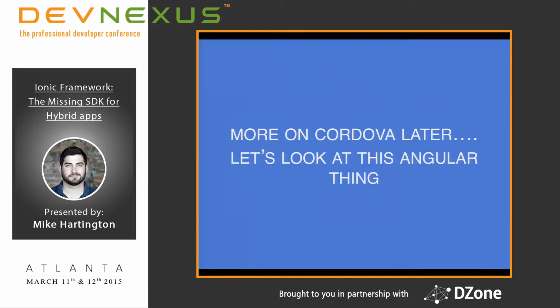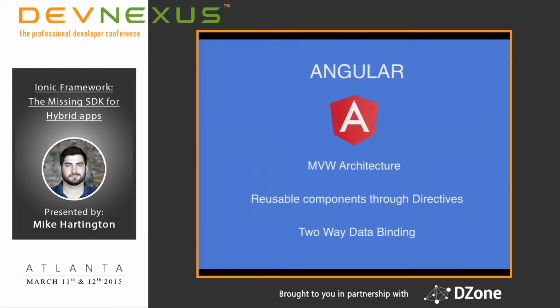So let's take a look at Angular, the second part of the talk. AngularJS is a JavaScript framework. It's great. It follows this pattern of MVW, so model view, whatever. You can do model view controller, model view view model. They don't care how you actually structure your code, just as long as there is a structure.